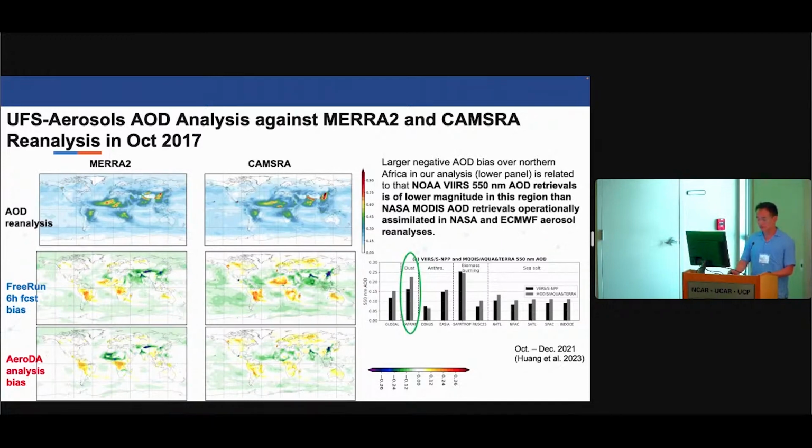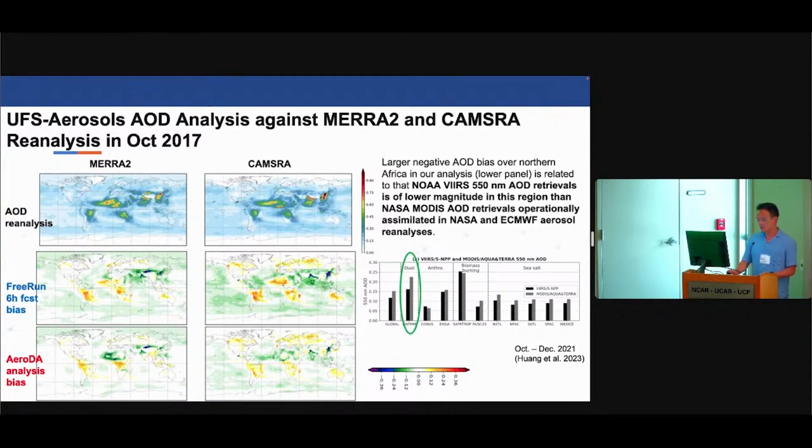But we found it's because we are assimilating different AOD retrievals in our analysis than the reanalyses from NASA and ECMWF. In our AOD analysis, we assimilate NOAA's VIIRS AOD retrievals. However, the reanalyses from NASA and ECMWF assimilate NASA's MODIS AOD. As you can see in the bar plot over the North Africa region, enclosed by this green circle, NASA's MODIS AOD is much higher than NOAA's VIIRS AOD.